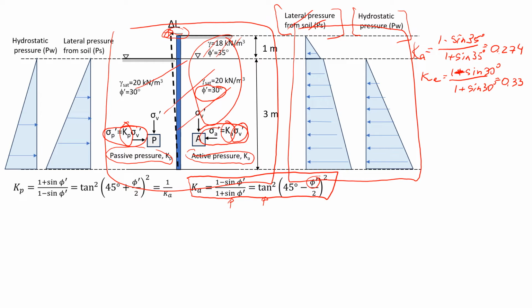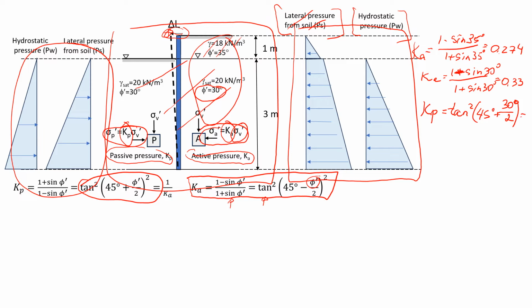And for the second layer, because here on the left hand side we're going to estimate the passive pressure, I'm going to estimate also coefficient of passive pressure. And just for variety, let's use this tangent formula. So it's tangent to the power of 2, and here the angle is 45 degrees plus friction angle, which is 30 degrees, divided by 2.